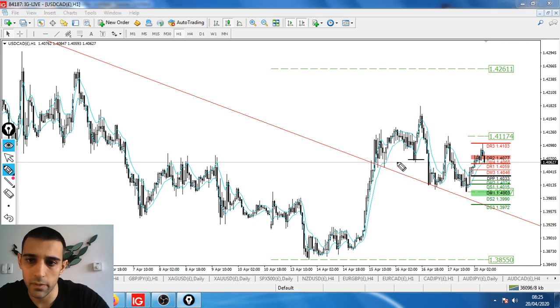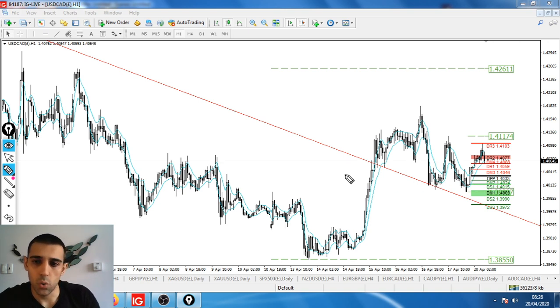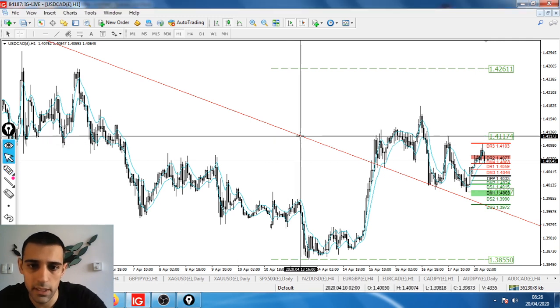I want to see a break of this, and we also have this spike. So I want to see a nice close on the bearish side. Then I need to see a retracement, and after that I will be getting into the short play on this particular option.